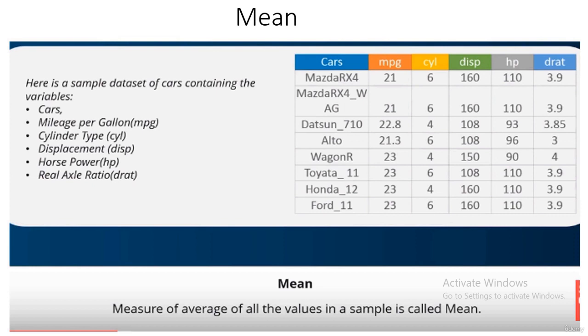For example, if the stakeholder asks for the average or mean of miles per gallon, we take all the data from the variable and divide it by the total number of records. In this case it is 8 records. So add the whole column and divide by 8, and we get the mean. The mean is the measure of the average of all the values in a sample.